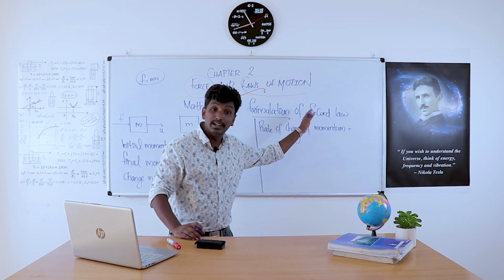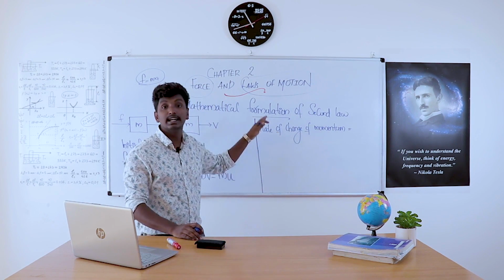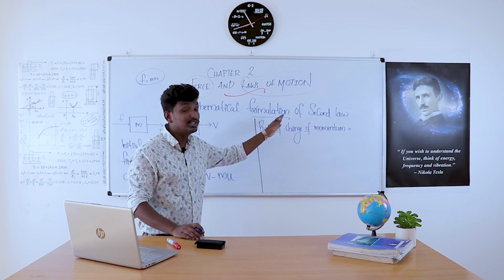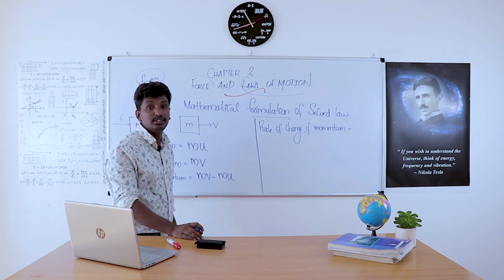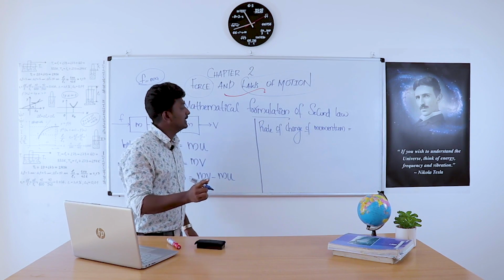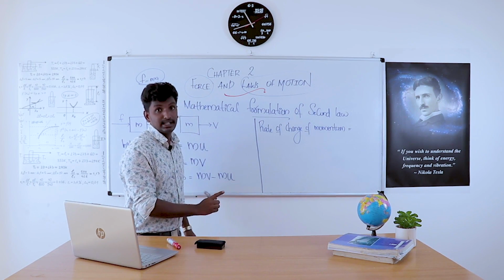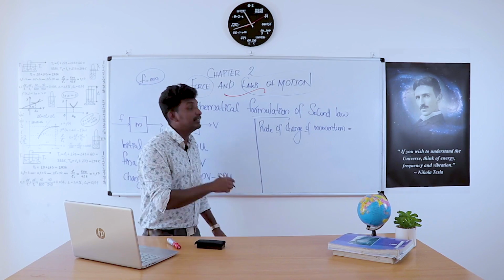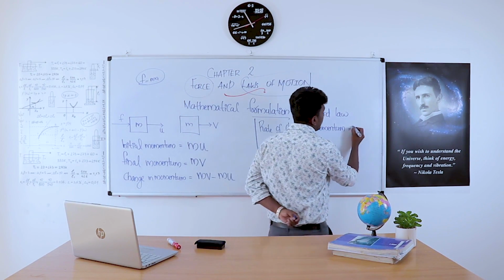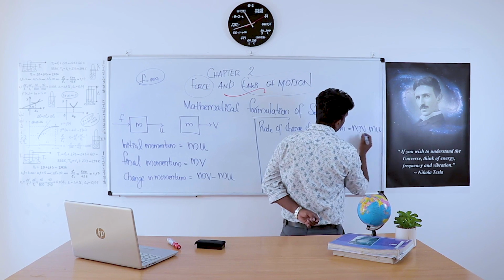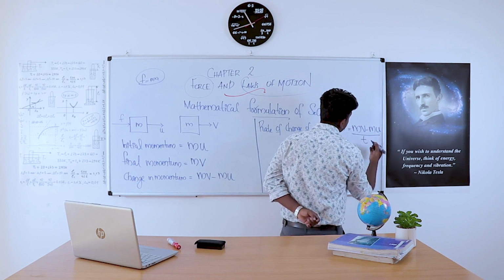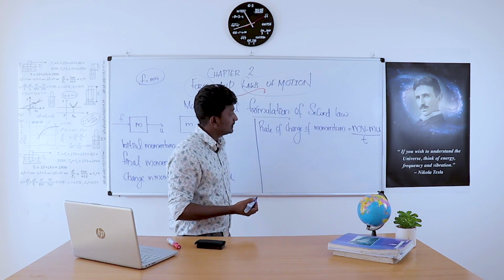Rate of change of any quantity means change in that quantity divided by time. Here rate of change of momentum simply indicates change in momentum divided by time. We have change in momentum as mv minus mu divided by time, represented as t.